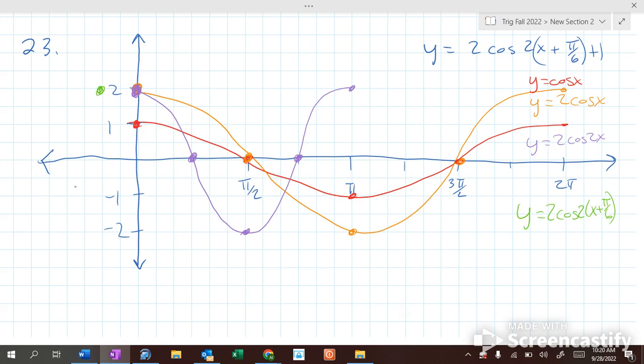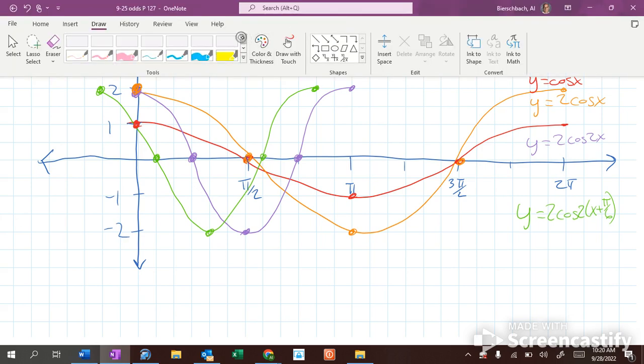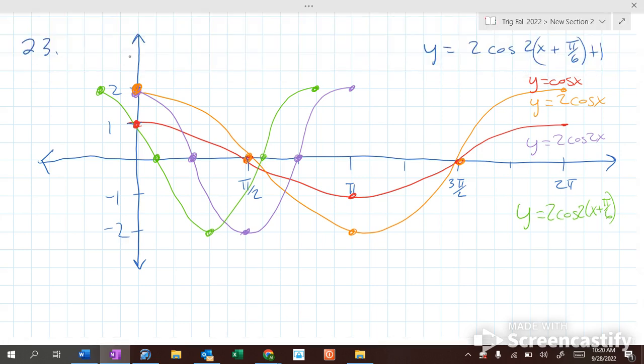So from my purple, I go 2 squares to the left. And last but not least, then I go plus 1. So I go up by 1 from the green.